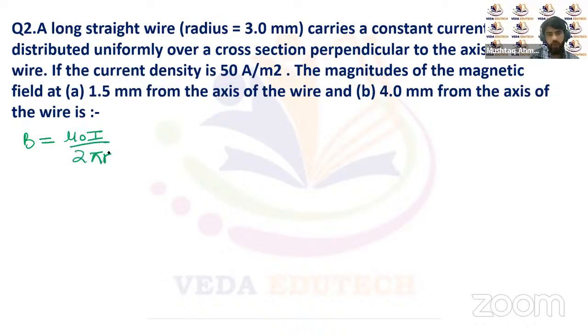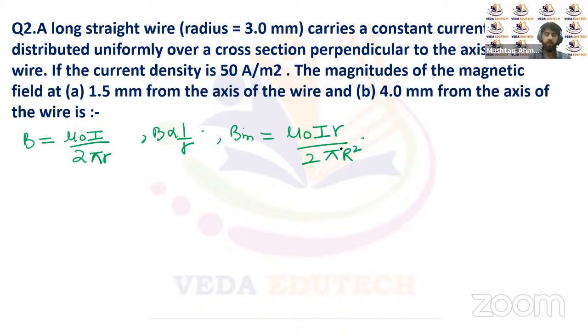The magnetic field outside the wire is inversely proportional to the distance r. Similarly, the magnetic field inside the wire is mu naught I multiplied by r upon 2 pi R square. Here capital R is the radius of this cylindrical wire. We can just substitute the values here to get the magnetic field.